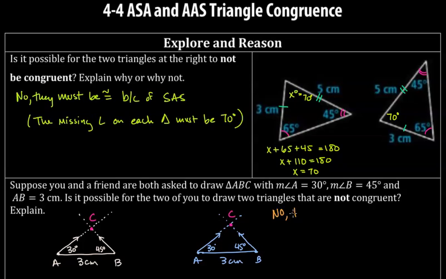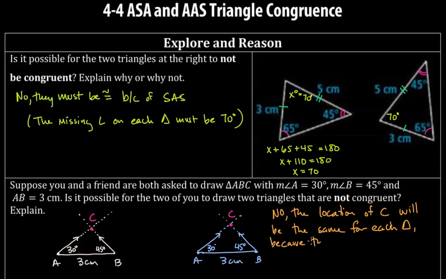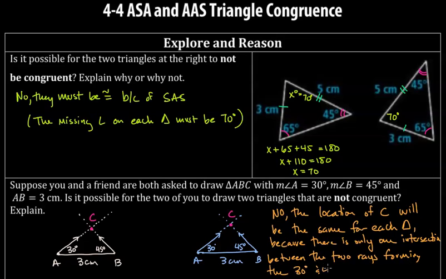No. The location of C will be the same for each triangle, because there is only one intersection between, I'll say, the 2 rays forming the 30-degree and 45-degree angles in each triangle.